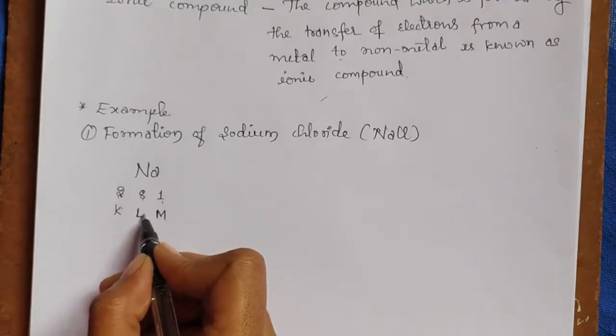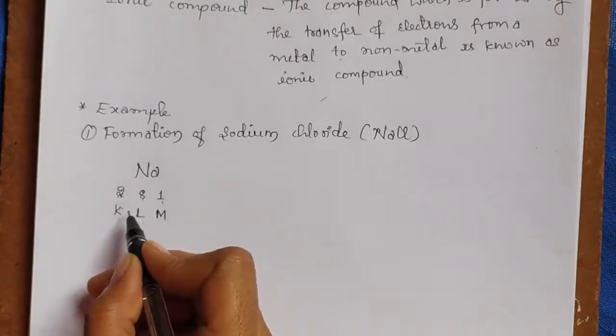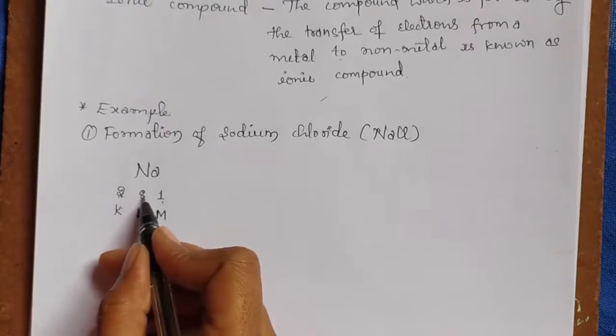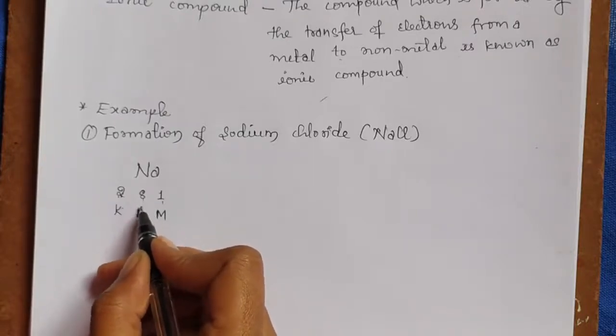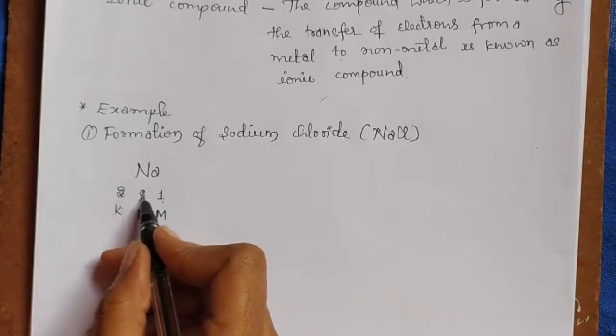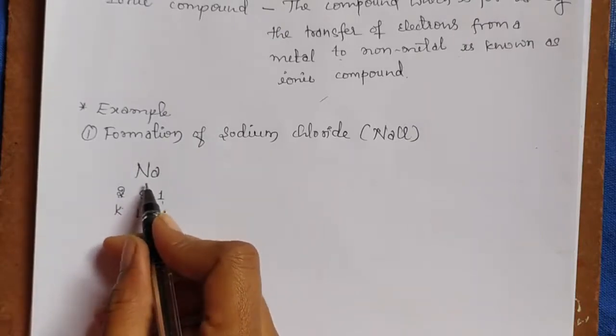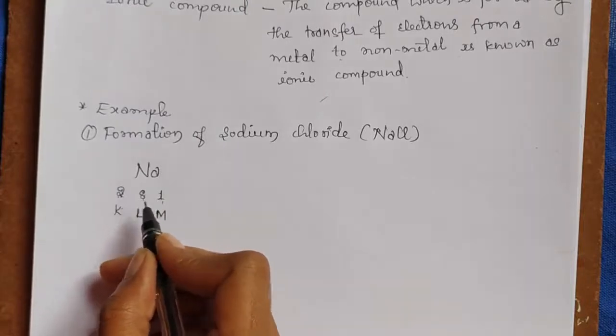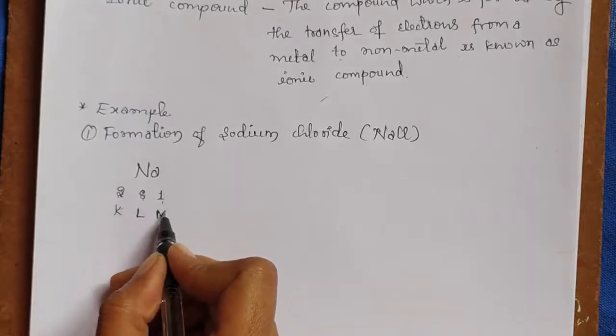Similarly, the L shell can accommodate only 8 electrons. 2 plus 8, 10 electrons. Here 1 electron is remaining, and that electron is placed in the next shell, the M shell.